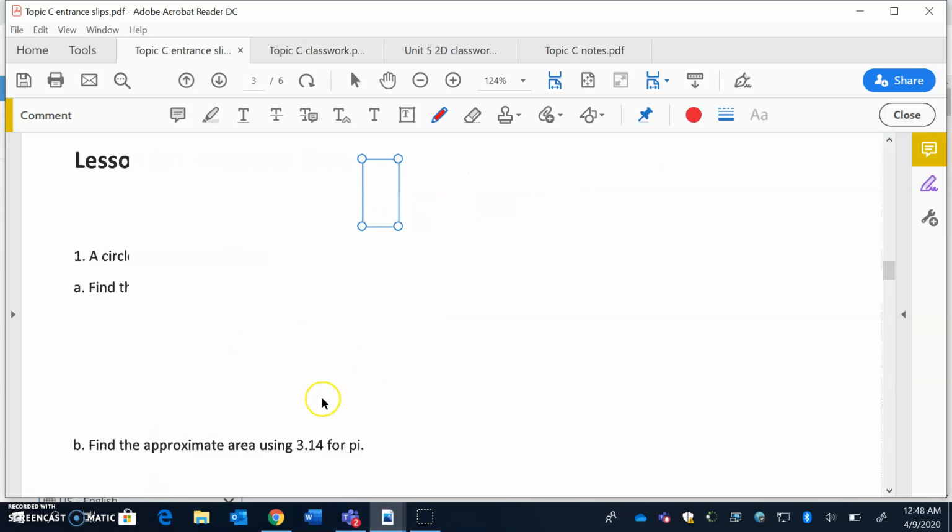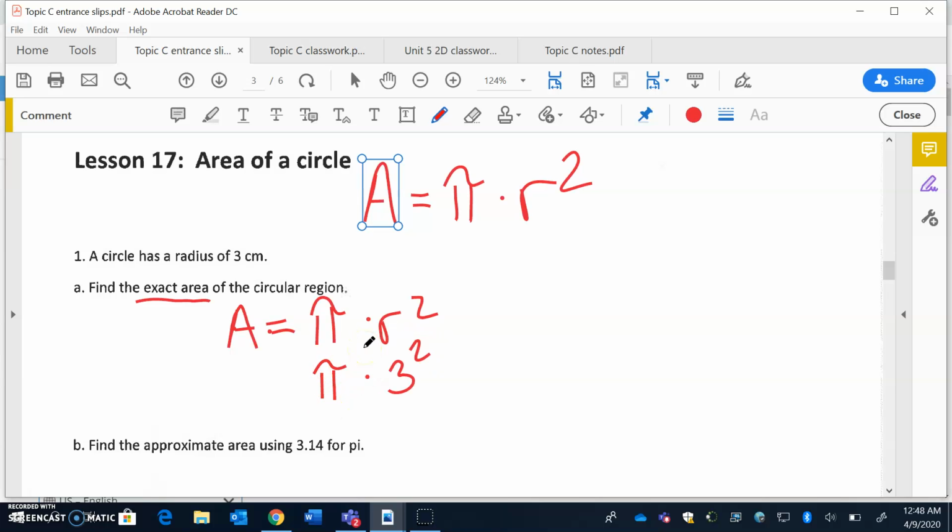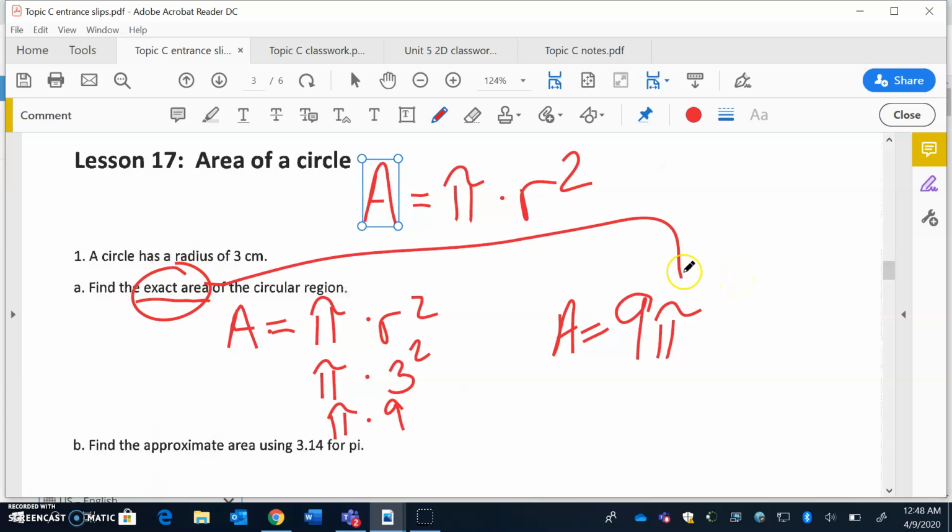Again, we're going to leave it with the pi. So what's 3 squared? Well, 3 squared is 9. So we're going to do pi times 9, which means the area is simply 9 pi. That's it. So again, when they say exact area, you're going to have pi in your answer.